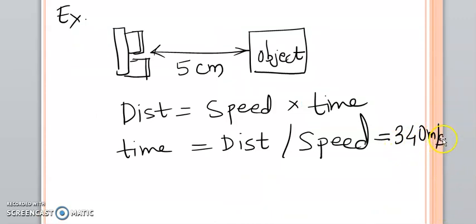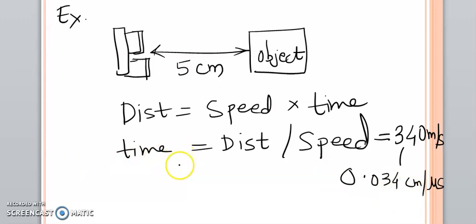So instead of using meter per second, why not convert that to centimeter per microsecond, so that it will be easier for us to use directly. So 340 meter per second can be converted to 0.034 centimeter per microsecond.